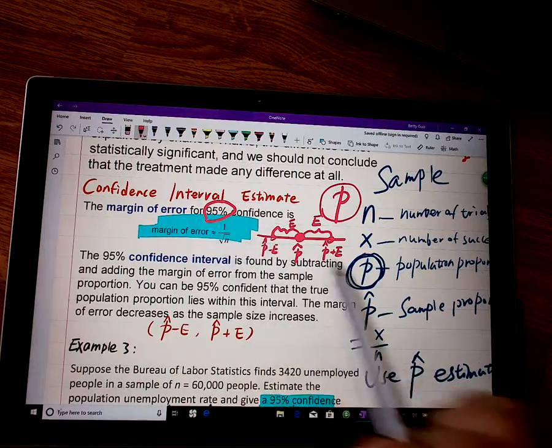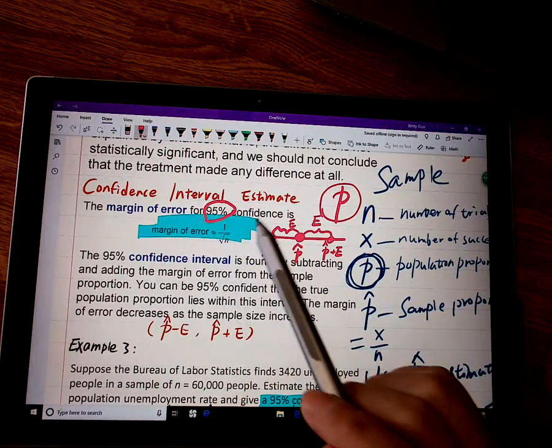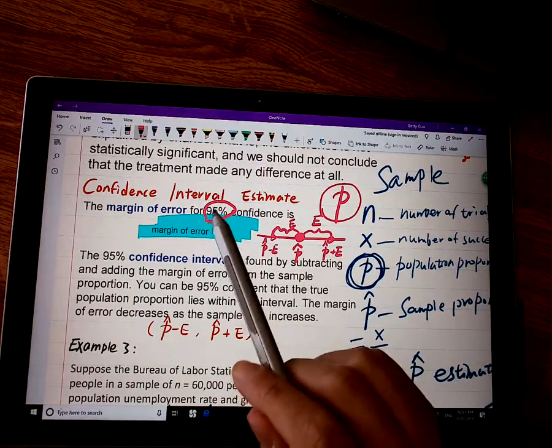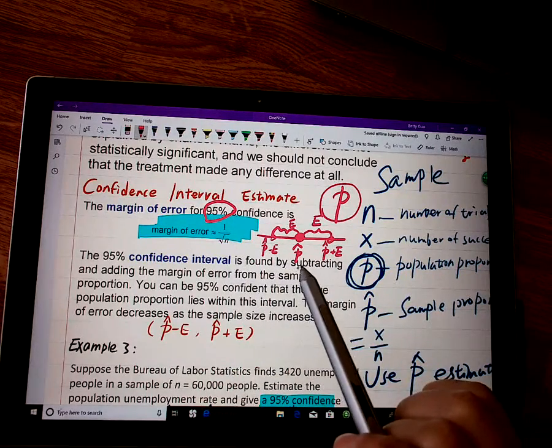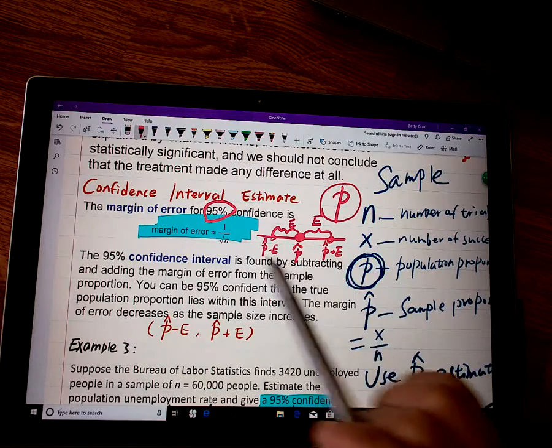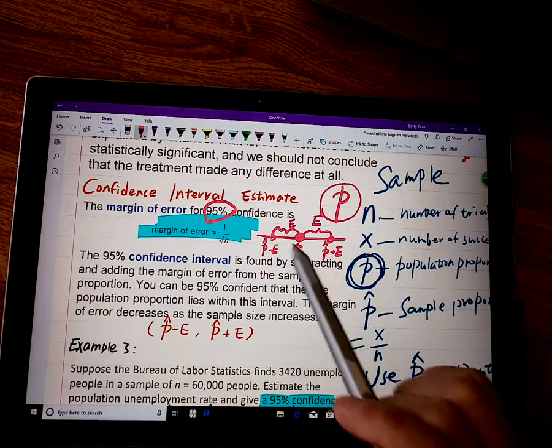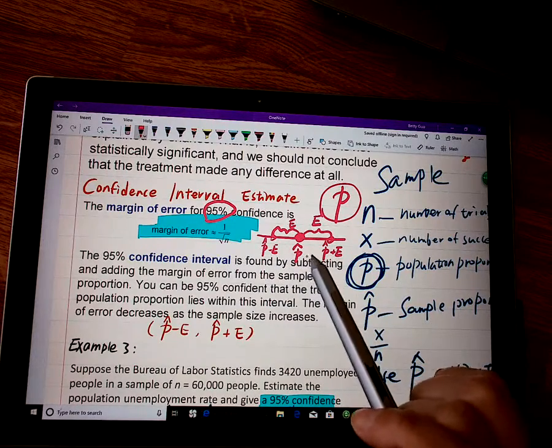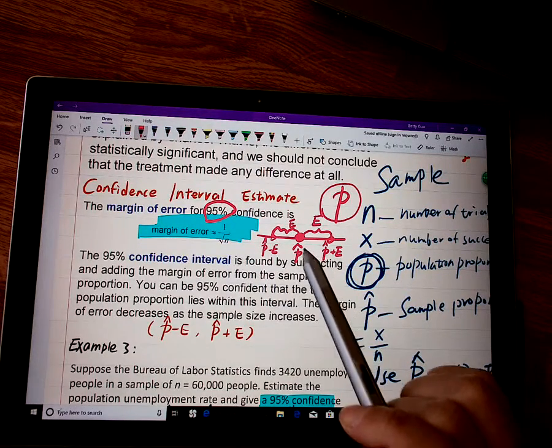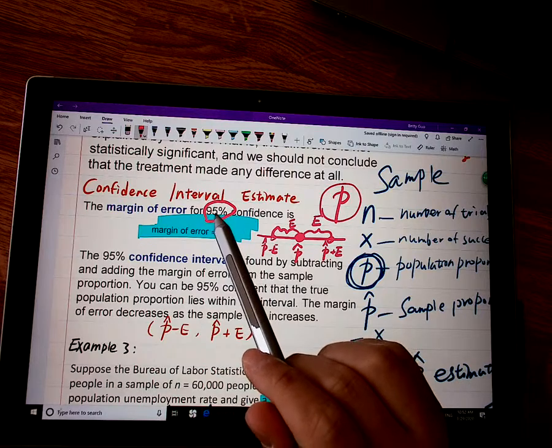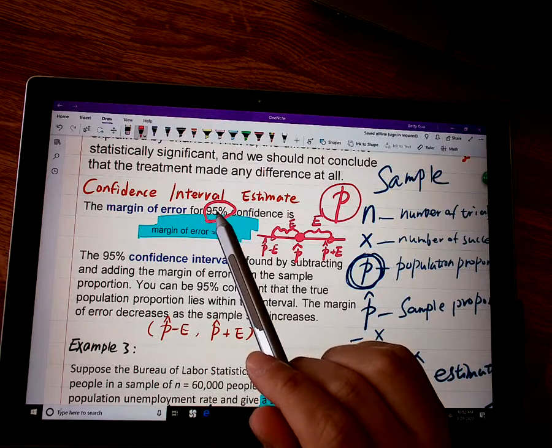But the two things compromise each other. If we want a very high confidence level, we might have to sacrifice the confidence interval and make the interval a little bit bigger. If we want a very small confidence interval, a very accurate estimation, then we have to lower the confidence level. Okay?